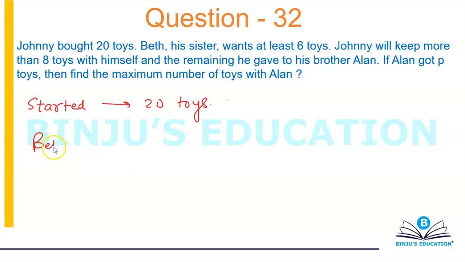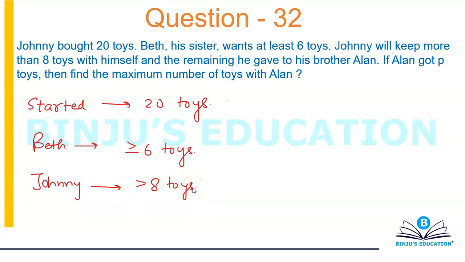When you talk about Beth, she wants at least 6. At least 6 is greater than or equal to 6 toys. When you talk about Johnny, he will keep more than 8.